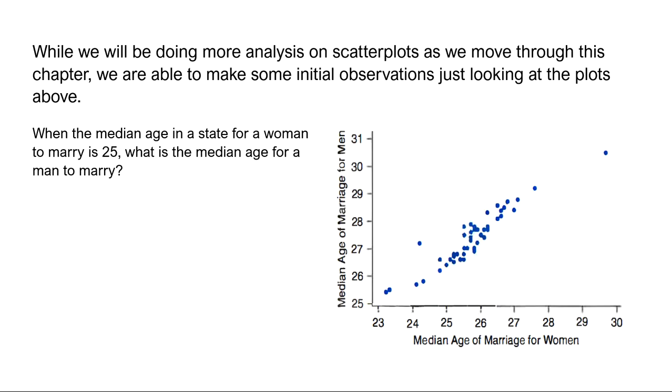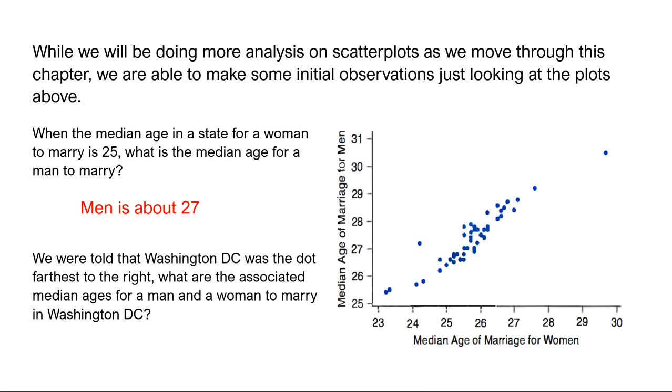What we see is we go up and see that it's probably somewhere between 26 and 27 years old. So when we're looking at a 25-year-old woman, we're expecting the man to be 25, 26 or 27 years old. Does that make sense? It's probably 27 is about where I would be.